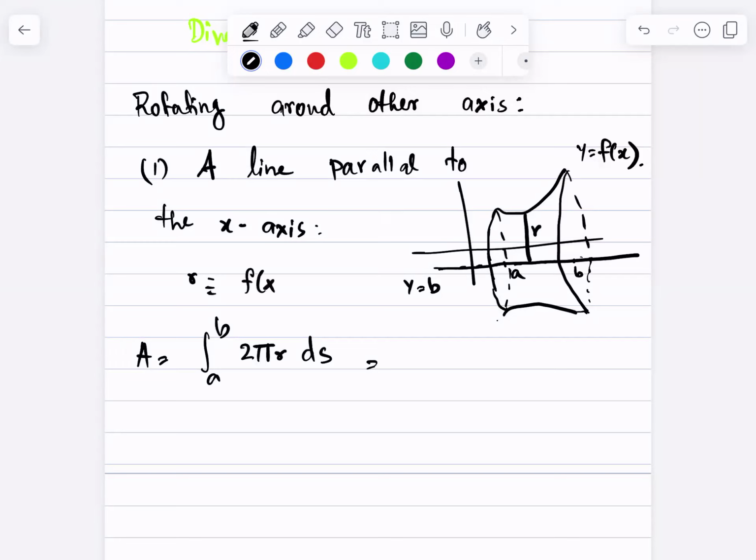Here I can see that f(x) is big, so it will be f(x) minus b, this distance.